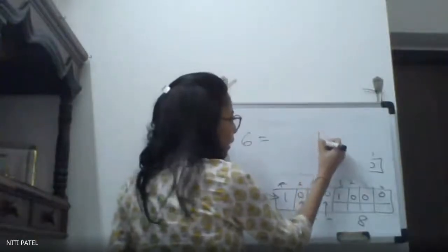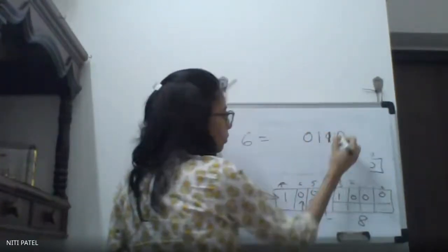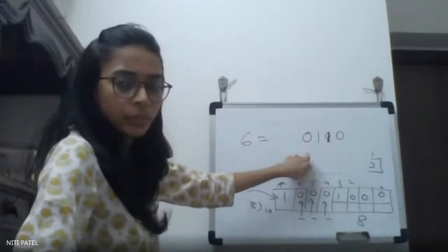Ma'am, I have a doubt. If binary of six is 110, do we have to start from MSB or LSB to write it?